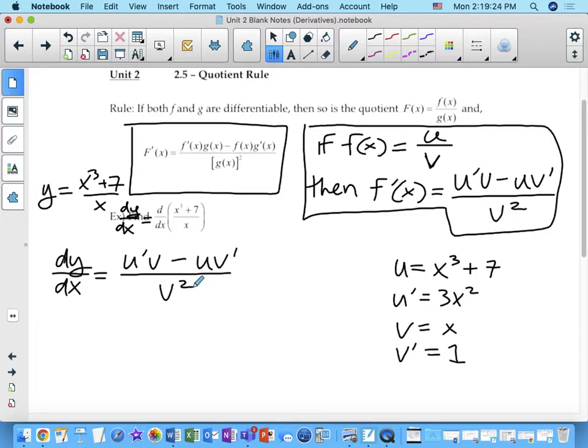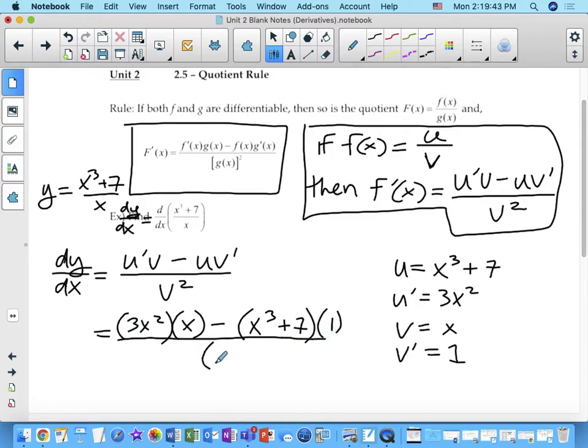Okay, so u prime, 3x squared, times v, x, minus u, x cubed plus 7, times v prime, 1, over v squared, x squared. Or I should say, the bracket, sorry, should go here. Okay, and now we would simplify this.